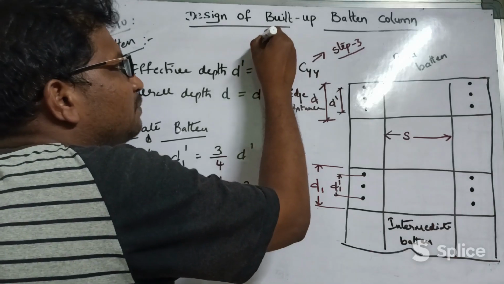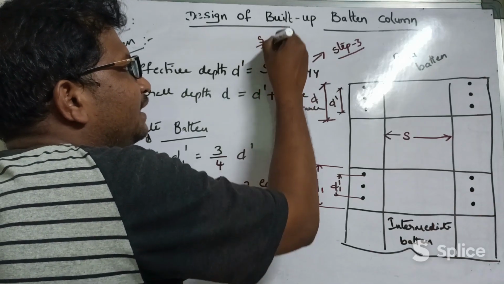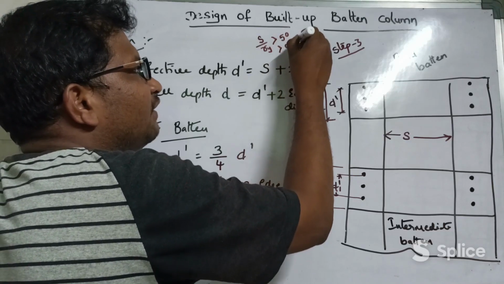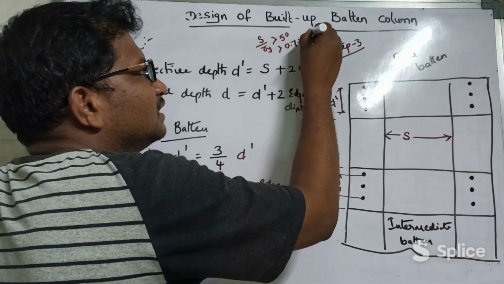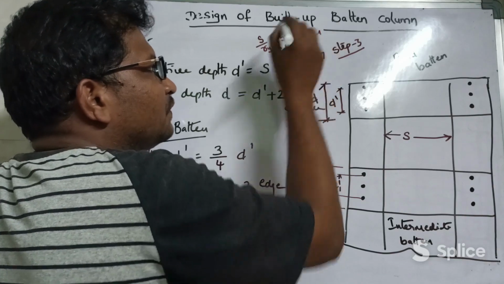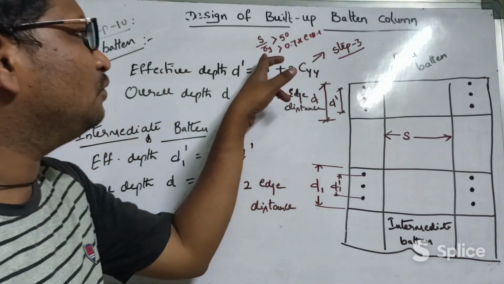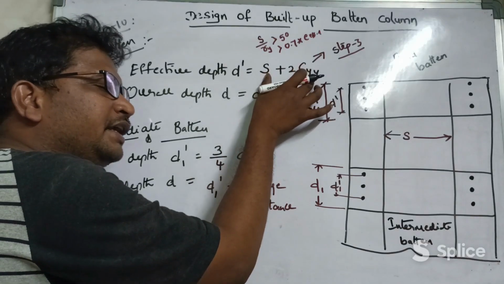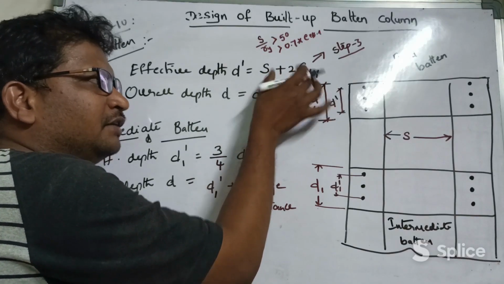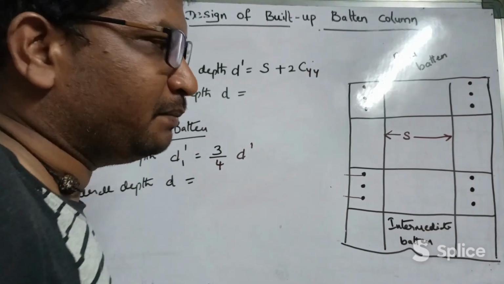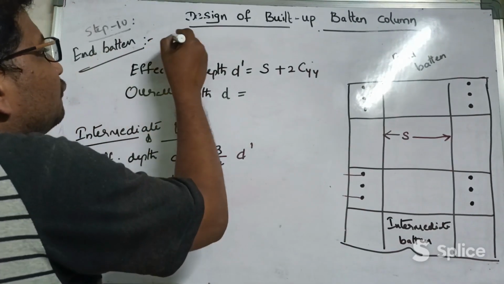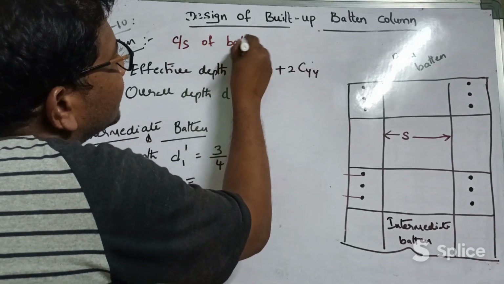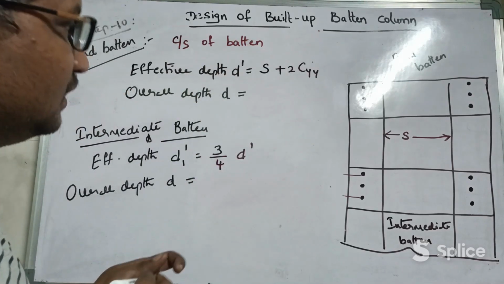I said S by Ry should be greater than 50, and should be greater than 0.7 into effective depth. Right? I told, no. From that place you can determine this S value. Okay, these two values we are already having. Now step number 10, cross section of batten.